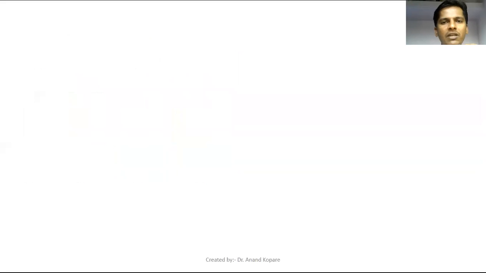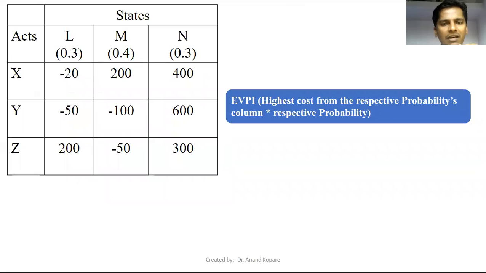How do we find the next value, EVPI? You need to find the highest payoff in each column and multiply it by the respective probability. From the first column, the highest payoff is 200, so 200 into 0.3.